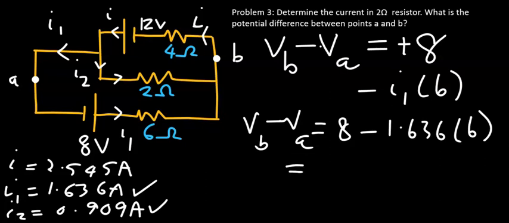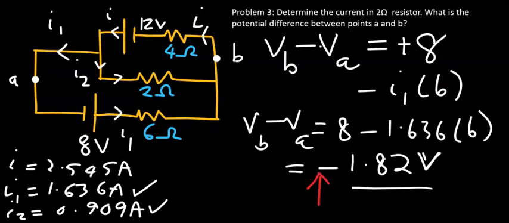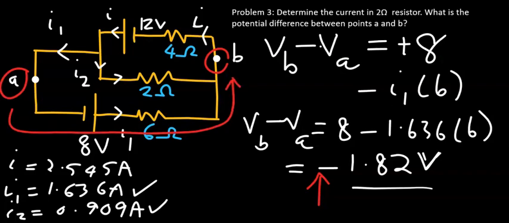And that's going to give you minus 1.82 volts. And that solves the problem. Note that the negative answer here agrees with the fact that the potential here is smaller than the potential there because of the general flow of the direction of the current.